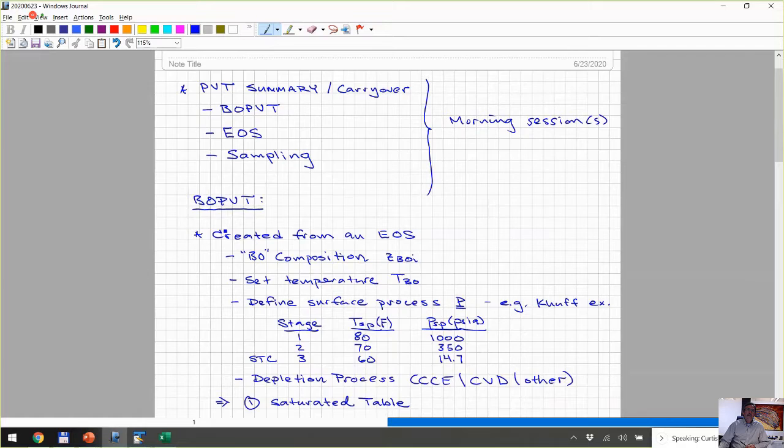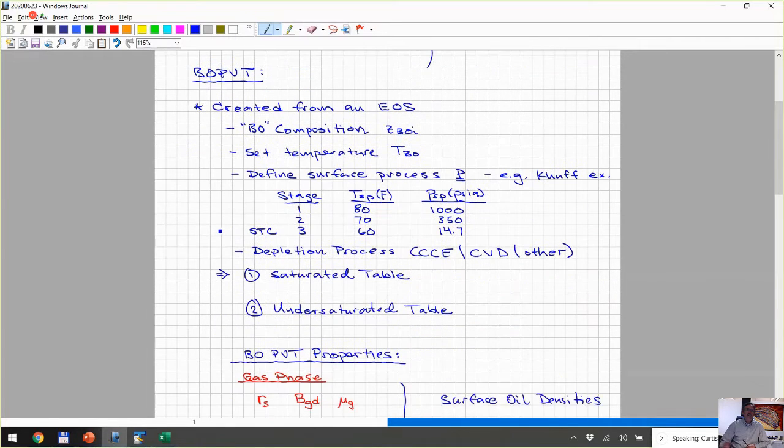As noted here, basically the issues related to Blackwell PVT table generation for gas condensates. This is really a pretty general treatment, but we're going to need to use an equation of state to generate the Blackwell table. You'll need to first have a composition that you want to use.